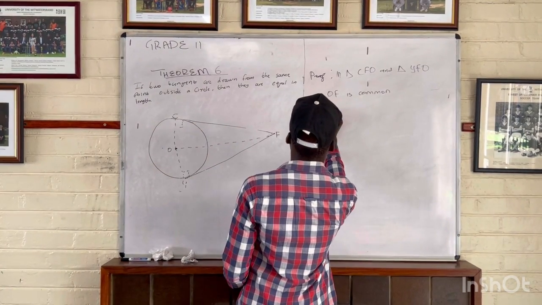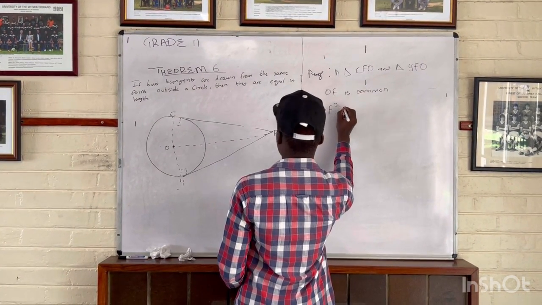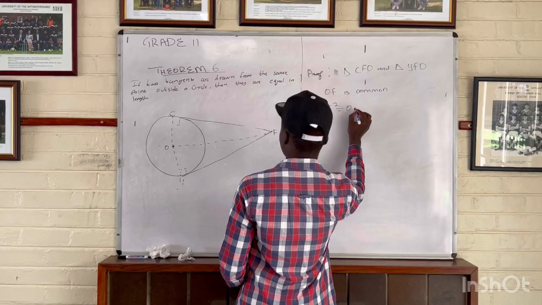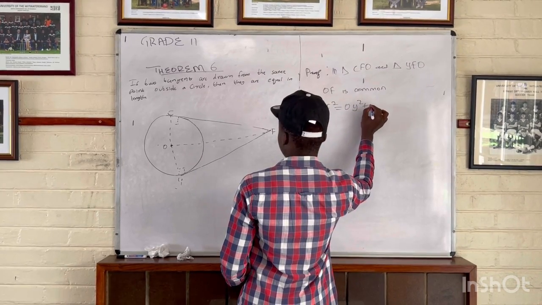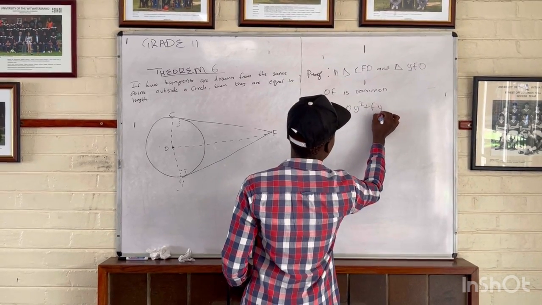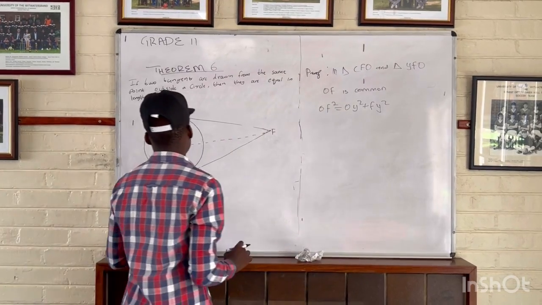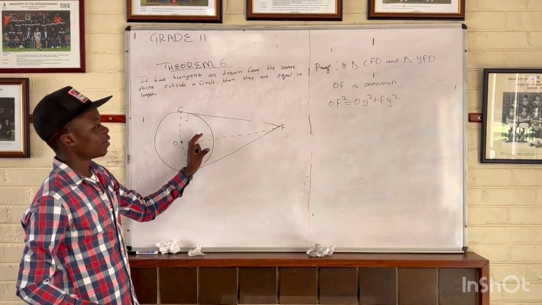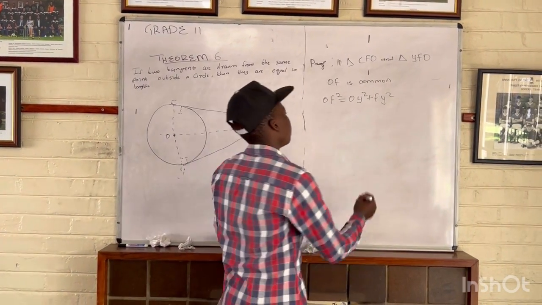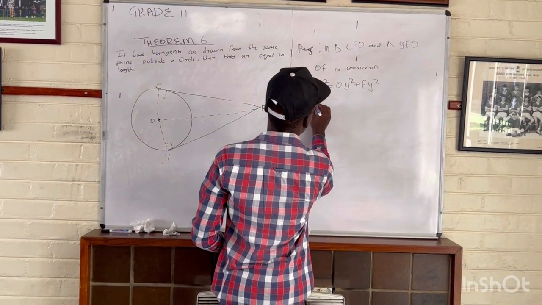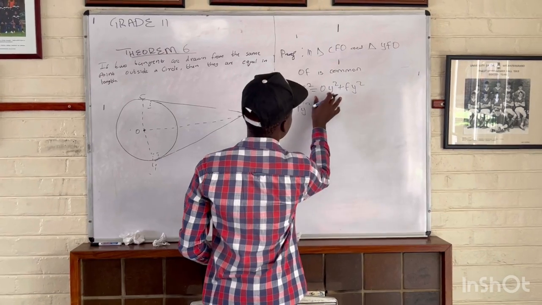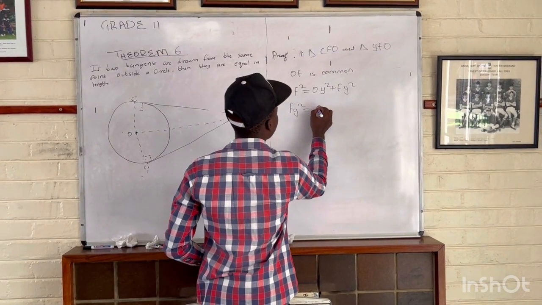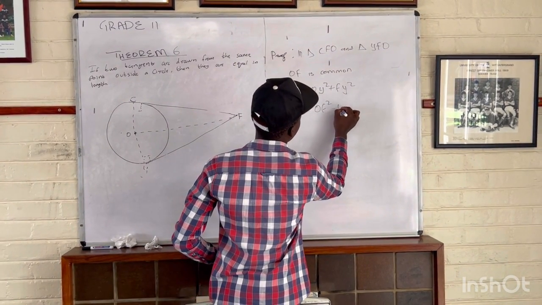So OF squared is equal to OY squared plus FY squared. Because we need to prove that FY equals CF, we have to make FY the subject of the formula. FY squared, taking this one to the other side, is OF squared minus OY squared.